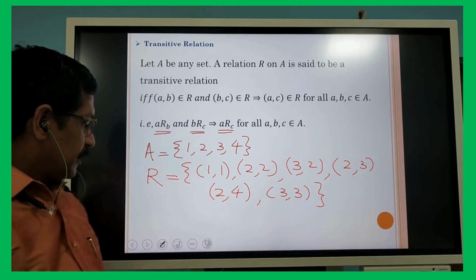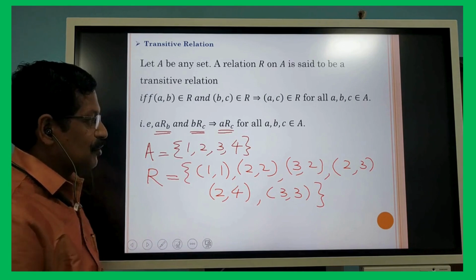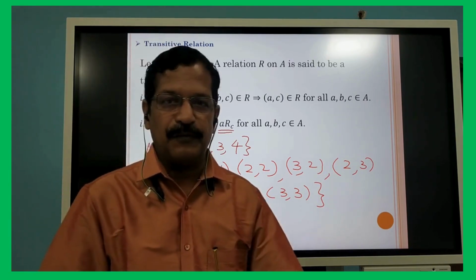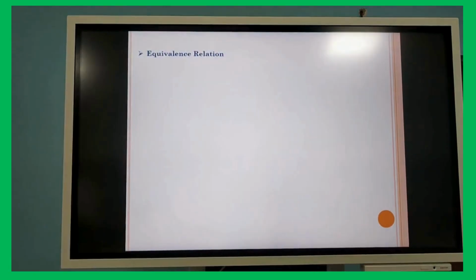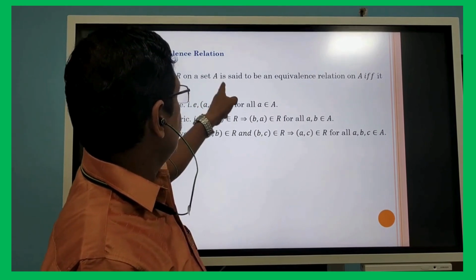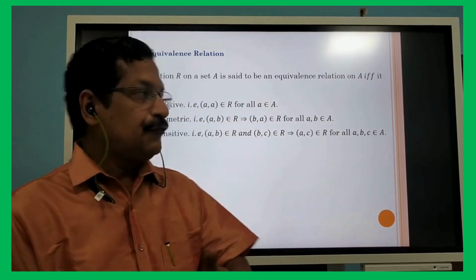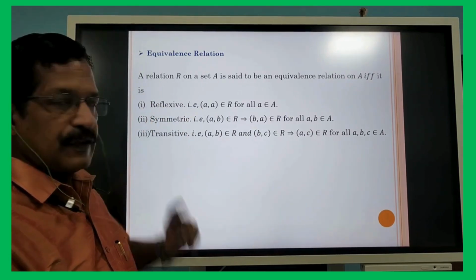So this relation is transitive only. Okay. Now let us discuss another important type of relation: the equivalence relation. A relation on a set A is said to be an equivalence relation on A if and only if it is reflexive.